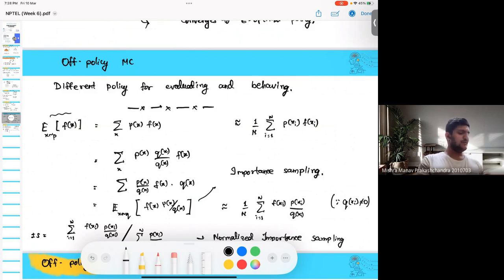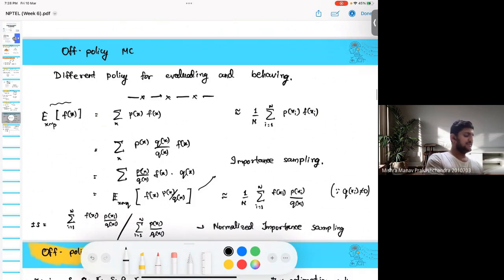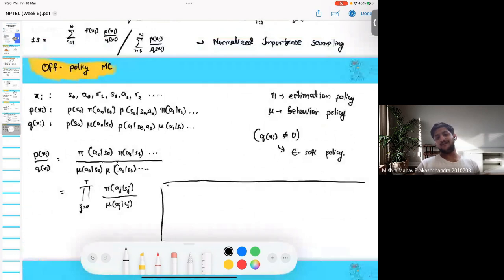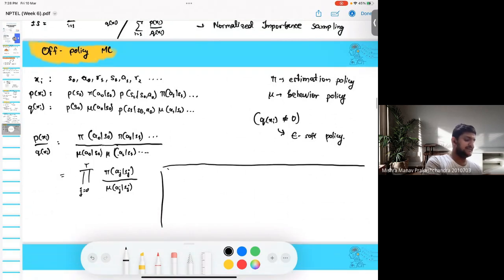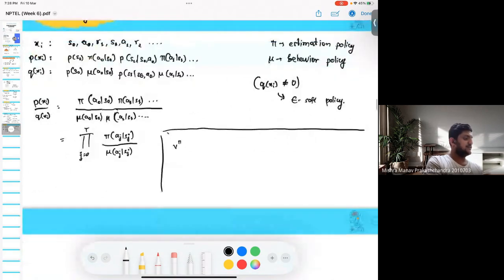And if I want to take the expectation of a reward or the expectation of a return, that is nothing but my value function, right?